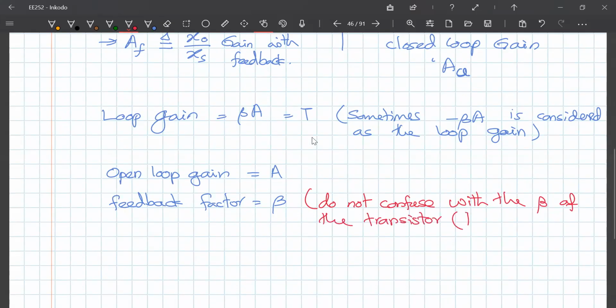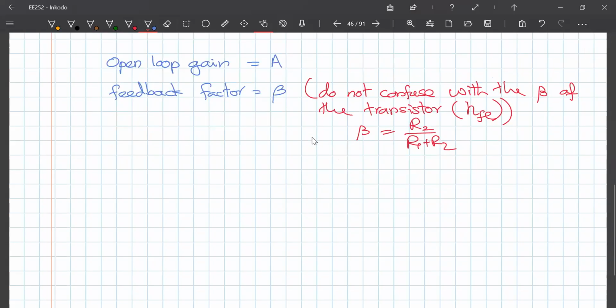It's not HFE. HFE is not what we are talking about. This beta is something like R2 over R1 plus R2, some resistor ratio. It can be different for different types of topologies, but all you need to remember is that this is not the beta that we talk about in transistors. This is not necessarily for transistors; this is for control systems in general.